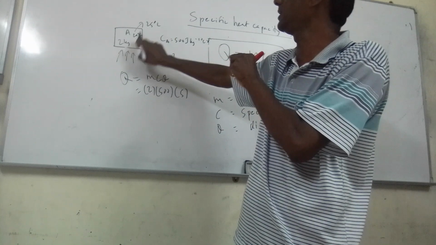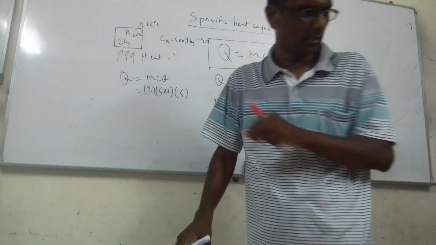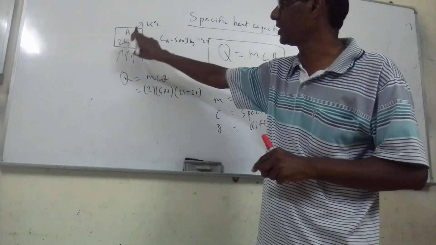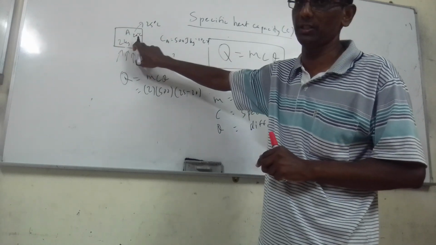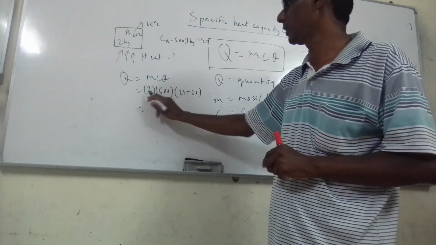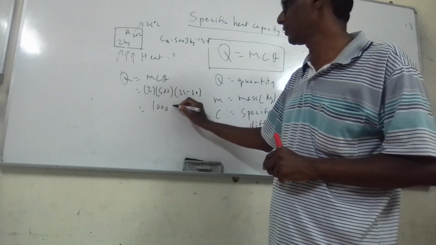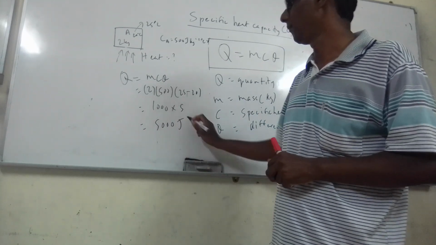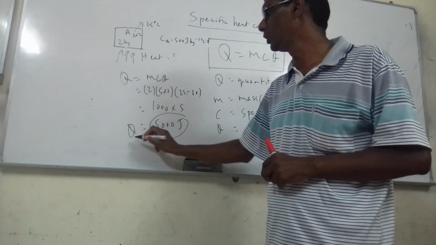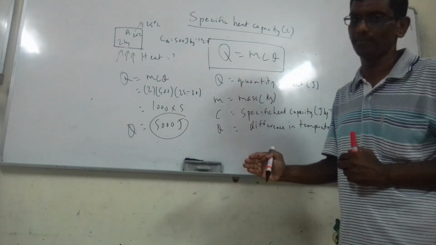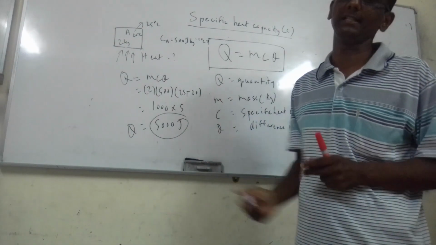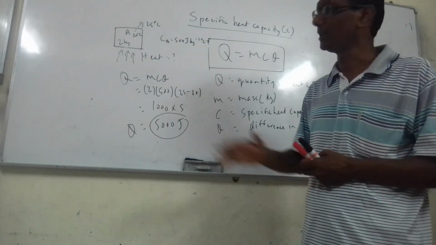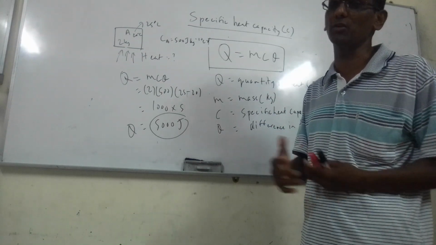So the difference is 25 minus 20, final temperature minus initial temperature, or higher temperature minus lower temperature. 2 times 500 is 1000, times 5 is 5000 joule. Q is quantity of heat, so 5000 joule of heat energy is required. This is a very simple question. We are going to learn some tougher questions later.